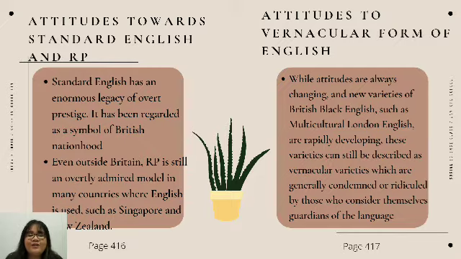On the other hand, vernacular forms of English are usually frowned upon. While attitudes are changing and new varieties of British Black English, such as Multicultural London English, are rapidly developing, these varieties can still be described as vernacular varieties, which are generally condemned and ridiculed by those who consider themselves the guardian of the language, not guardian of the galaxy.